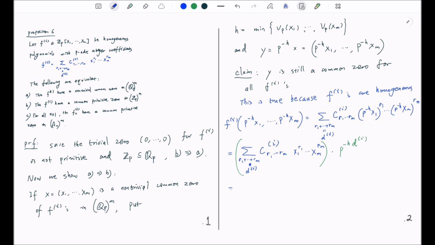So this is equal to p to the power negative h d^i times f^i of x_1 through x_m. Therefore, if x is a non-trivial common zero for f^i's, then this y is also a common zero for f^i's in Q_p.